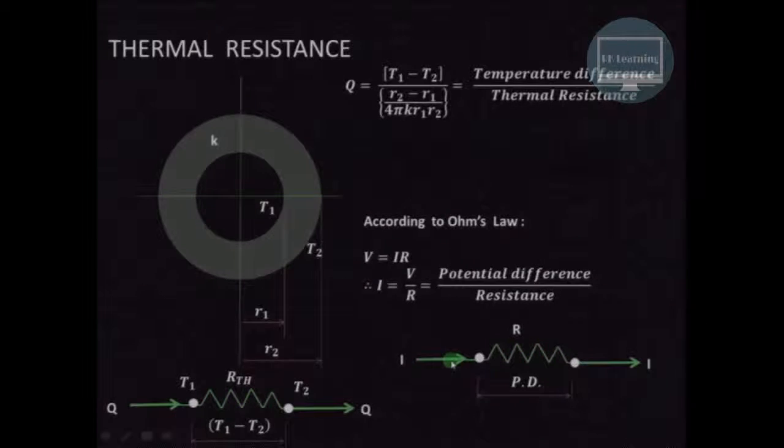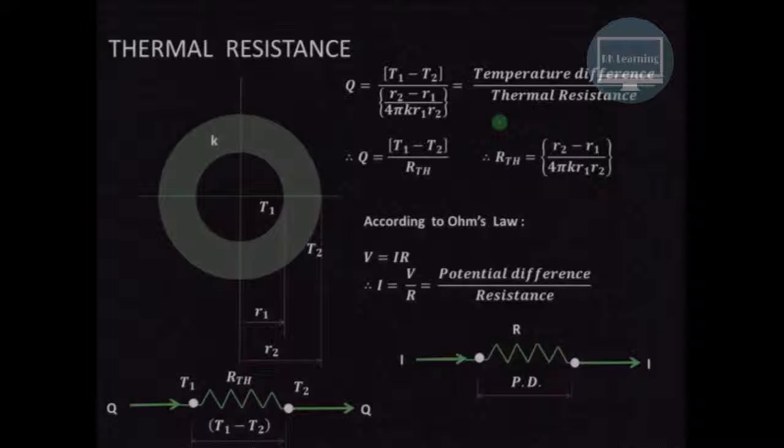So current flow is analogous to the heat flow, that is I is analogous to Q. Then potential difference is analogous to temperature difference, and electrical resistance is analogous to thermal resistance. So we can say that this is the thermal resistance in case of the hollow sphere. So this R_TH, the thermal resistance, is nothing but R2 minus R1 divided by 4 pi K R1 R2.